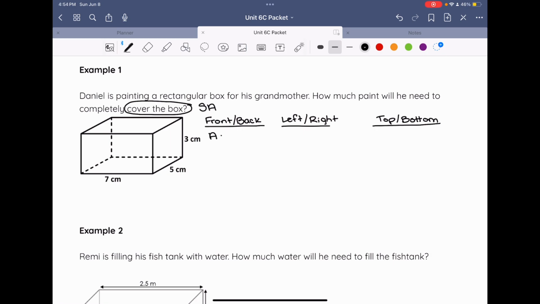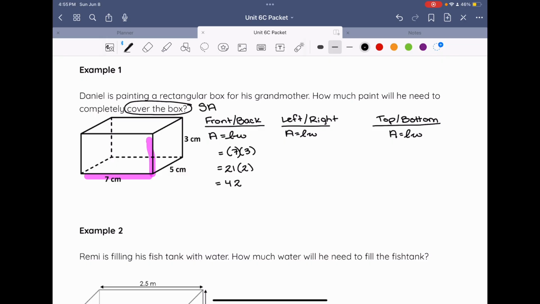Area for a rectangle is length times width. So I'm going to plug that in. So for the front, I have 7 by 3. So I'm going to multiply that. 21, and there are 2 of those rectangles, so multiply by 2 to get 42.